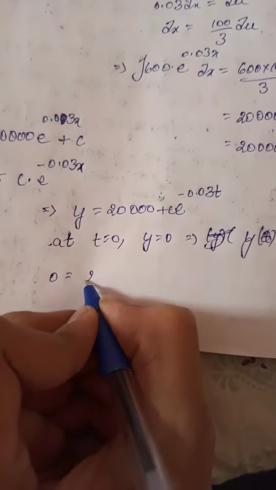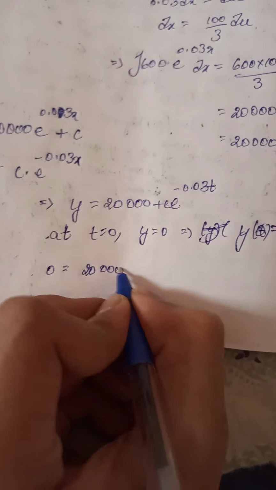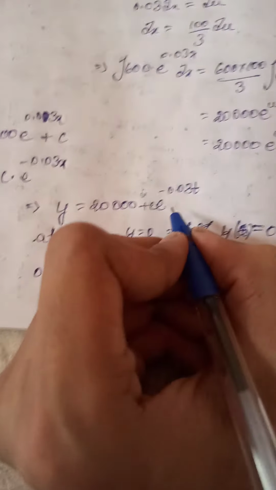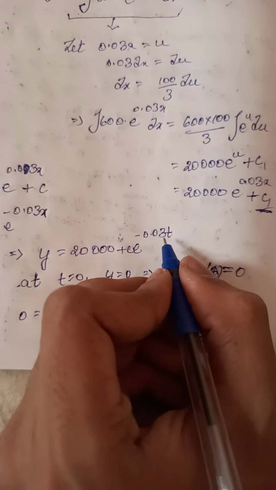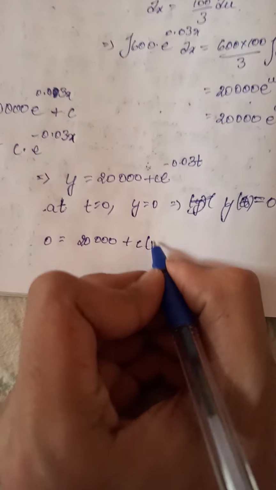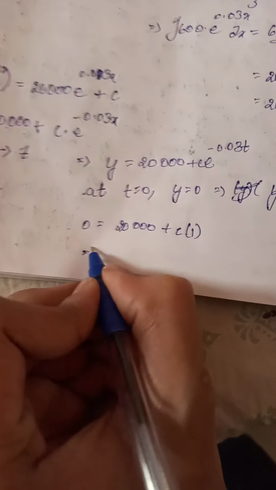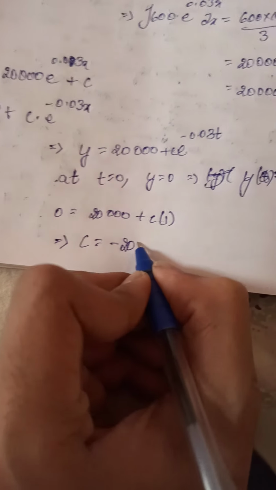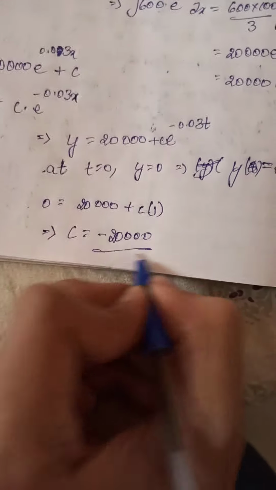So 0 equals 20,000 plus c into e power minus 0.03 into 0, which is e power 0, which is 1, which implies our arbitrary constant c equals minus 20,000.